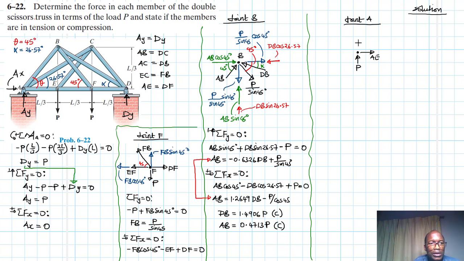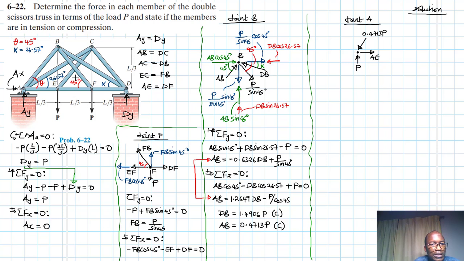So we'll have AB coming in like so, and this value is equal to 0.4713 P. This angle there is 45.